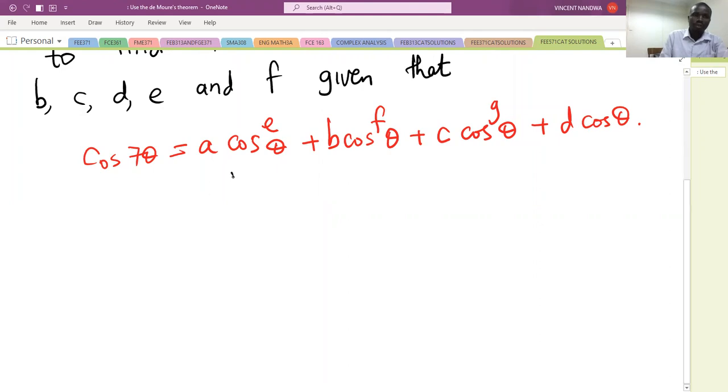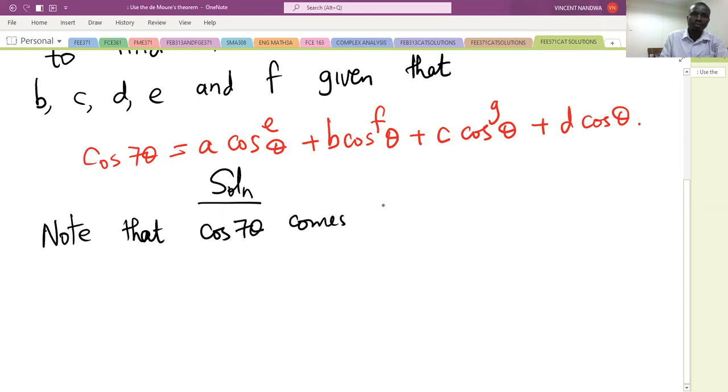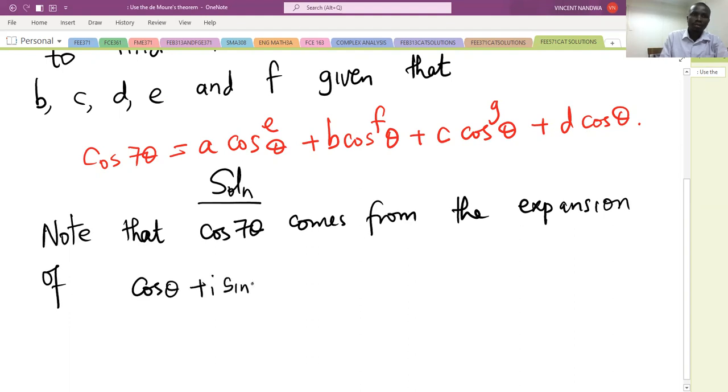So let's give the formal solution. Note that cos of 7 theta comes from the expansion of cos of theta plus I sine theta raised to power 7, which is the expression for cosine of 7 theta plus I sine of 7 theta.